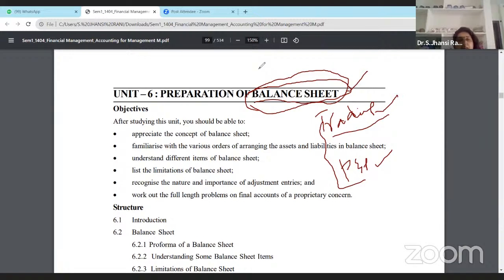A fan is an asset to the business, or an AC if they have one. In some stationery shops, they even arrange Xerox machines for taking photocopies. That is also an asset. That machine will not be purchased daily. It is purchased only once.